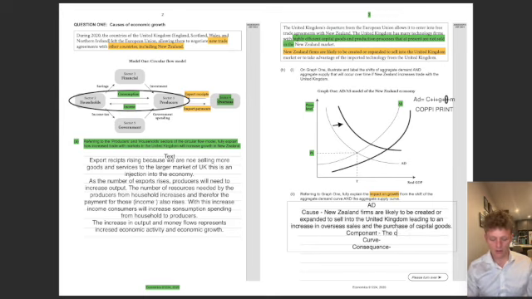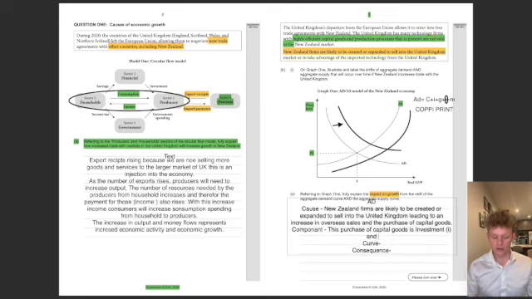Component. This purchase of capital goods is, and then state the part of the AD equation, investment. Use the word investment.